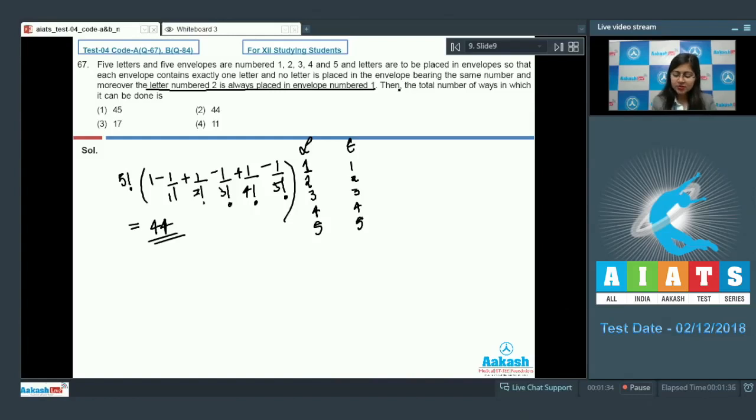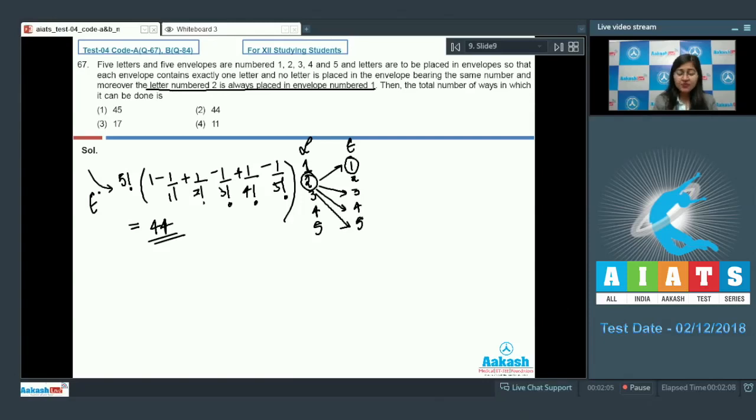Now here it is given that letter numbered 2 is always placed in envelope numbered 1, right? Now let us say this is the event E, right? Now in event E, what we have done is letter 2 is going in either 1 or 3 or 4 or 5. Because it is not going in 2 because we are doing derangement, so it cannot go in the same numbered envelope, right?